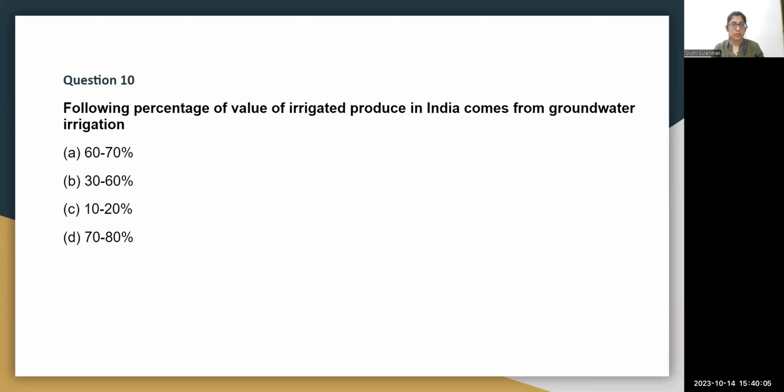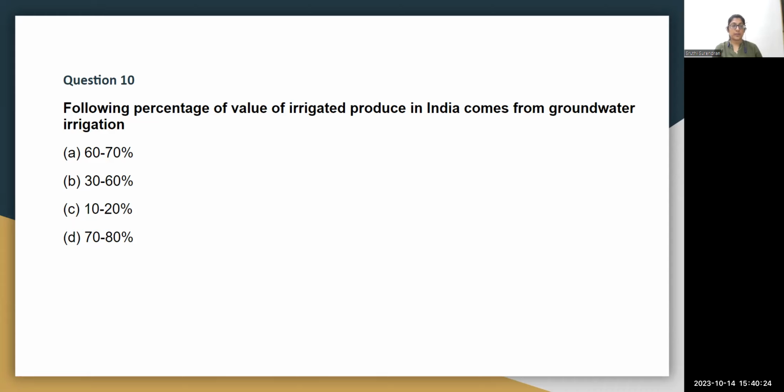Now, the following question: what percentage of the value of irrigated produce in India is coming from groundwater irrigation? We have discussed how much water is used in arid and semi-arid regions as a source of water supply.